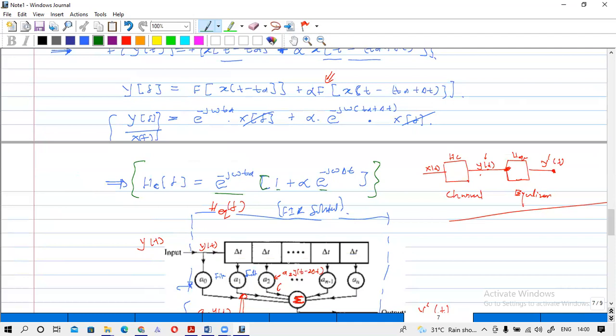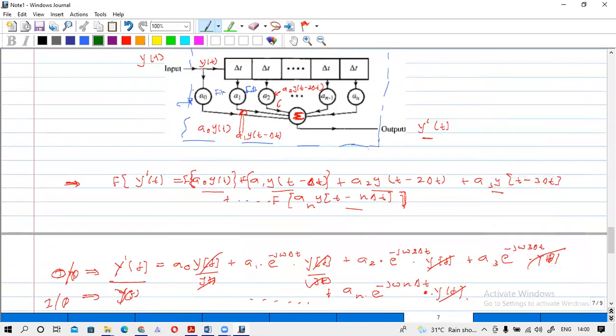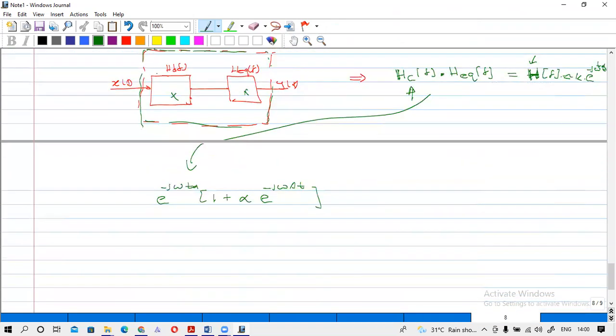This is our channel, the channel transfer function H_C(f). This transfer function we have found earlier.